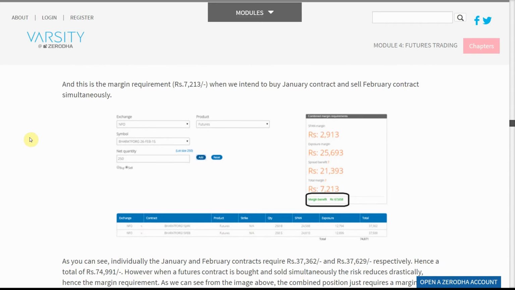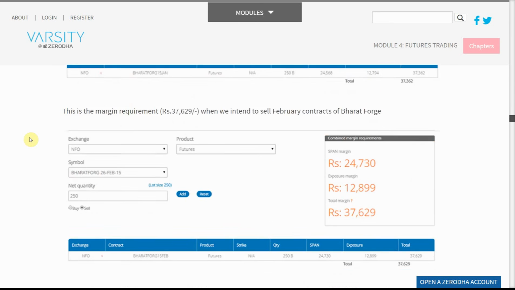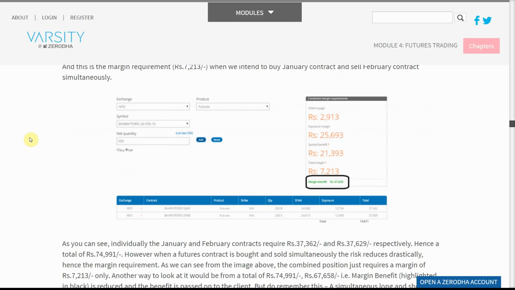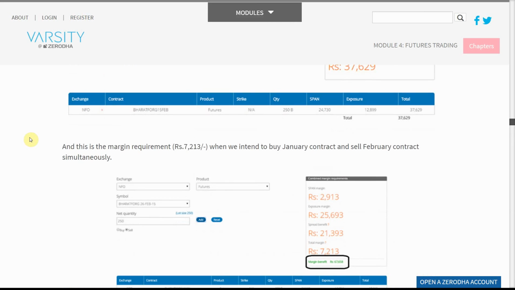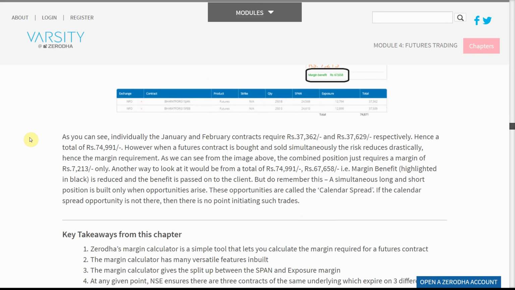simultaneously. As you can see, individually the January and February contracts require 37,362 rupees and 37,629 rupees respectively. Hence a total of 74,991 rupees. However, when a futures contract is bought and sold simultaneously, the risk reduces drastically. Hence the margin requirement.